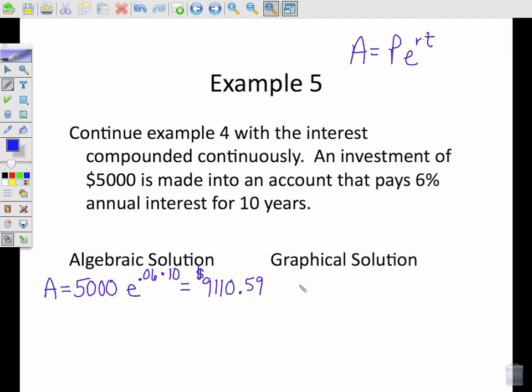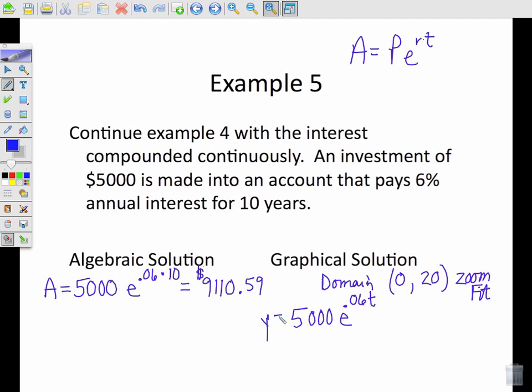Now here's what you would do graphically. You'd want to set your domain up, starting at 0 years, maybe go to 20 years, and then you could do zoom fit. Once you type your function in, the function that you would type in would be 5,000 e to the 0.06 times x, or times t, where t is the number of years, so y equals that.